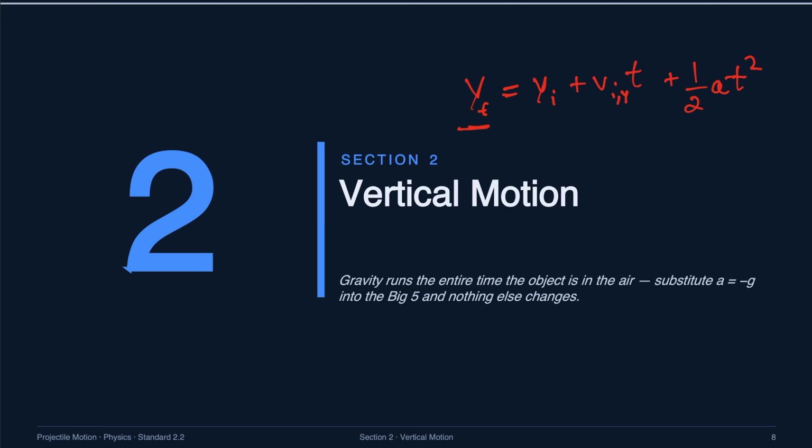Then the acceleration of gravity, as we know, is negative 9.81 meters per second squared. So we put negative 1/2 g, and then you can represent g as a positive 9.81 meters per second squared, because motion is always in the downwards vertical direction.